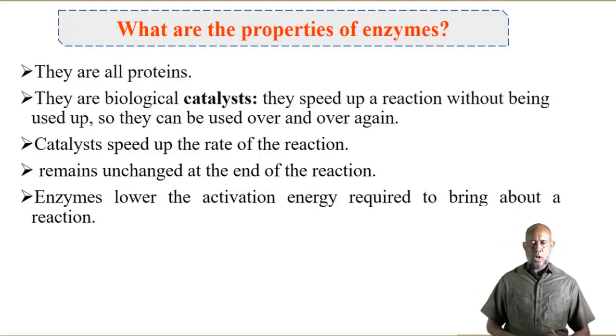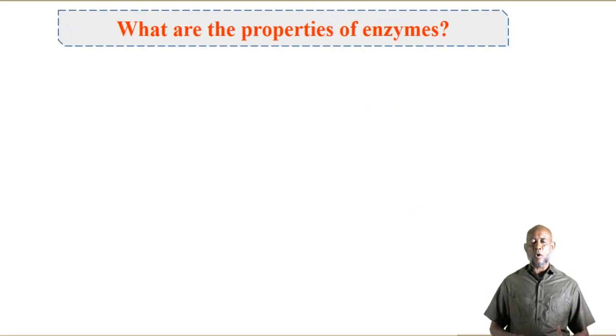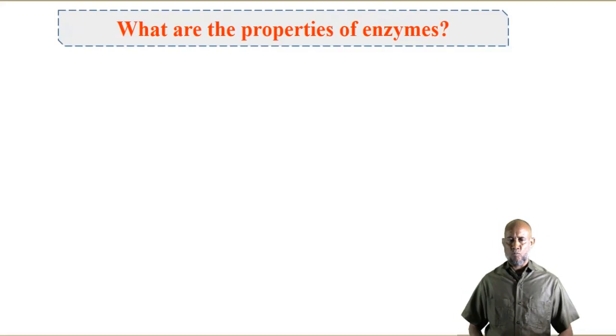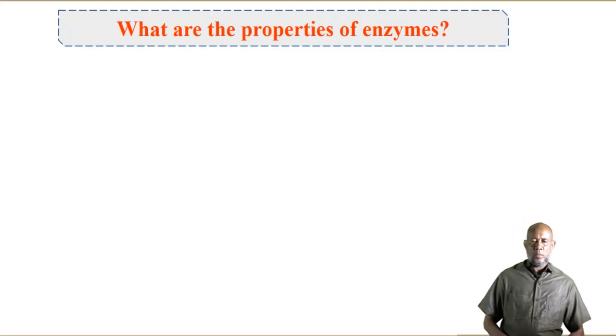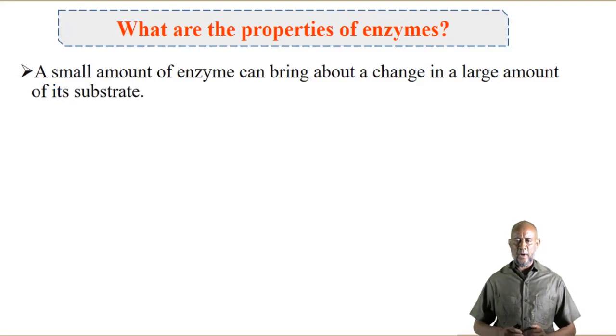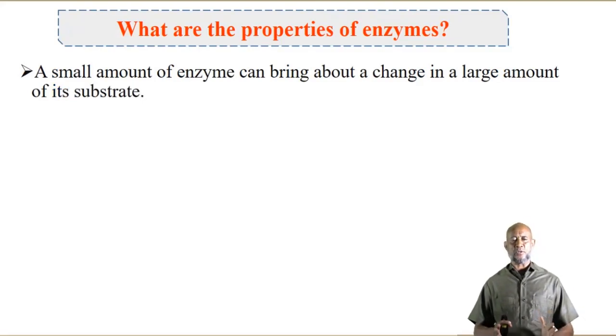Enzymes speed up the chemical reaction by lowering the activation energy required to bring about the reaction. The activation energy is the energy which is required to bring about a chemical reaction. And a small amount of enzyme can bring about a change in a large amount of its substrate.